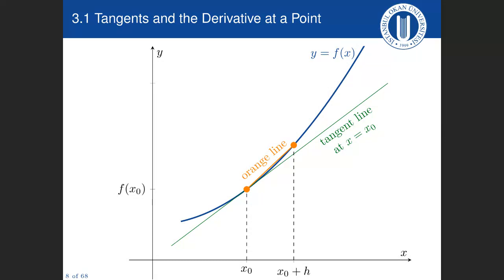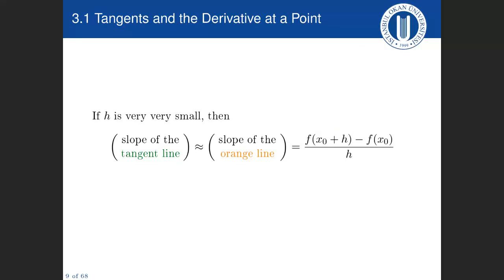As h decreases to 0, as x0 plus h tends to x0, the slope of the orange line is getting closer and closer to the slope of the green line. In fact, we can say if h is very, very small, then the slope of the green line is approximately equal to the slope of the orange line. And we have our formula for the slope of the orange line.